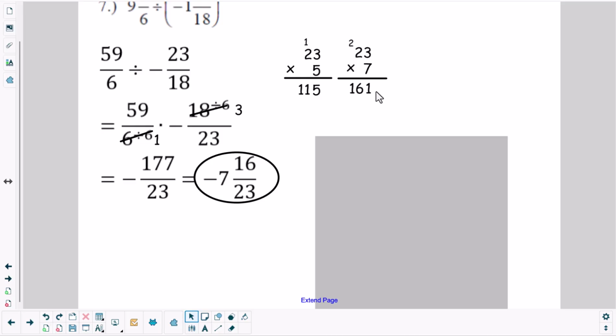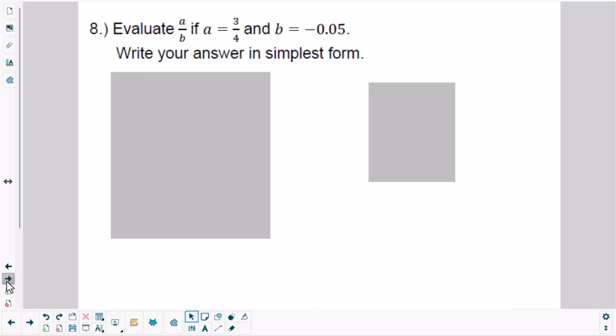That's as close as I can get to 177 without going over. So I know my whole number is going to be 7. Our answer is negative. And then 177 minus 161 is a remainder of 16/23. That one's pretty nasty. Your numbers that you're going to have on your quiz on this will be a little bit easier, but I do think it's good to challenge ourselves every now and then.